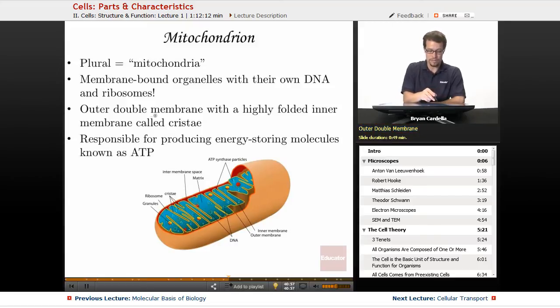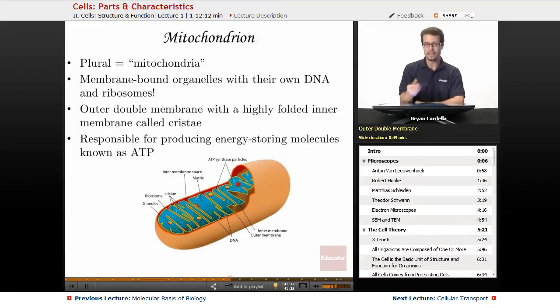It has an outer double membrane right here. It also has phospholipids, but the structure of it and the proteins in there are not compatible with the endomembrane system I mentioned before. Inside, there's a highly folded inner membrane called the cristae. So all of this yellow, you can see it is kind of weaving. That is highly folded and compacted in there.